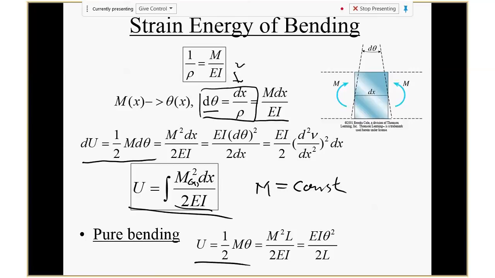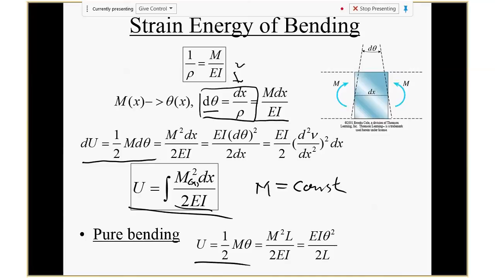For this particular course, we're not going to use this energy much. But remember, we did show an example back in chapter 2: we can use energy to determine the displacement. The same thing can apply here, but we don't have the time to go into detail on how to use this equation to determine the deflection of the beam.